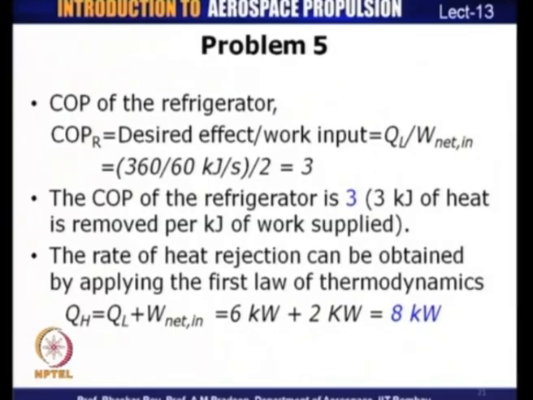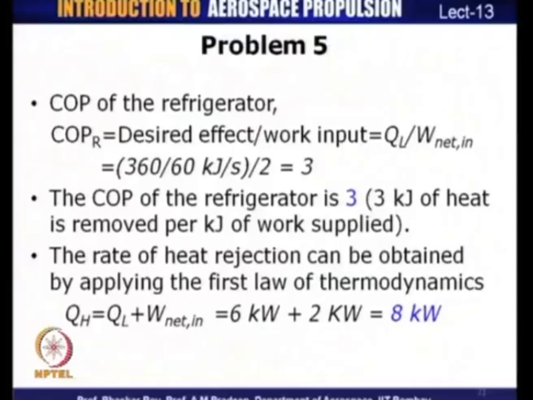Now, the second part of the question was to find out the rate of heat rejection from the refrigerator, and this again we can find from the first law of thermodynamics. So, QH, which is the rate of heat rejection, minus QL will be equal to W net in. So, QH is equal to the heat removed from the food compartment plus the work input, and the sum of these two will give you QH from the system.